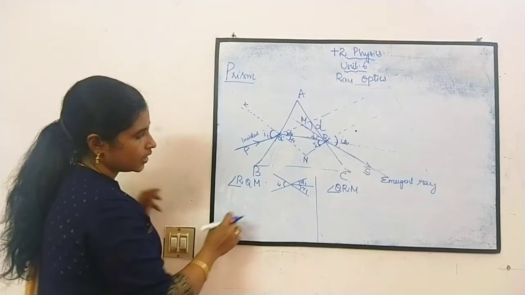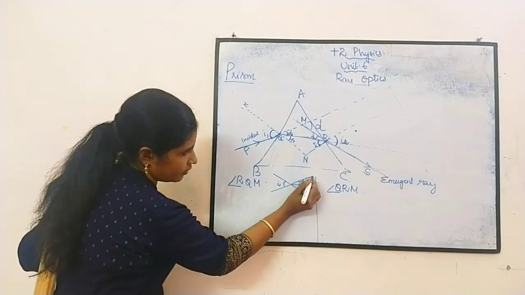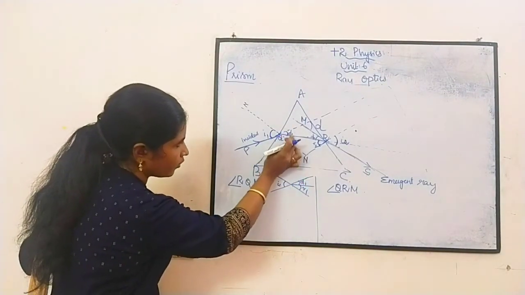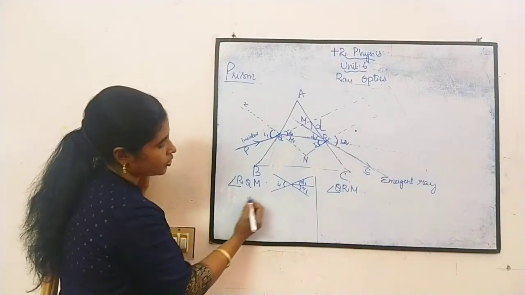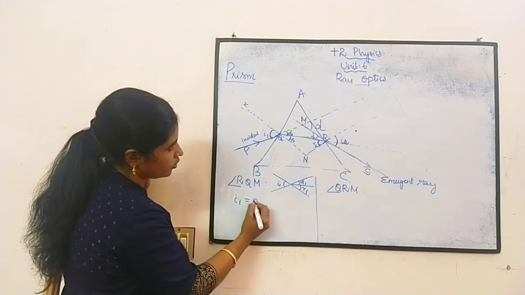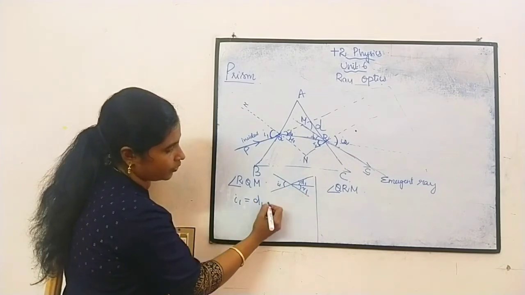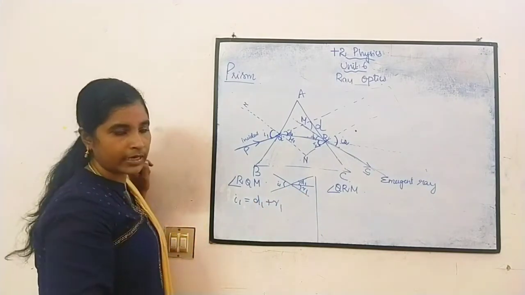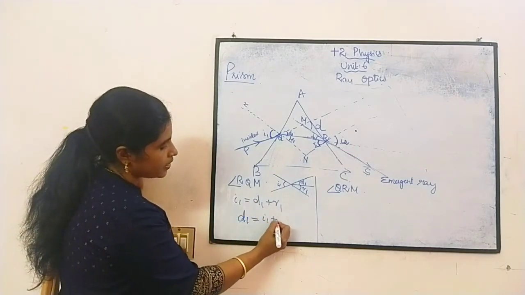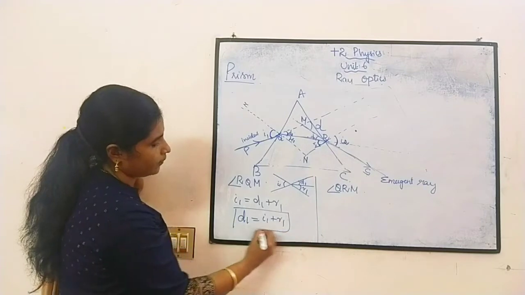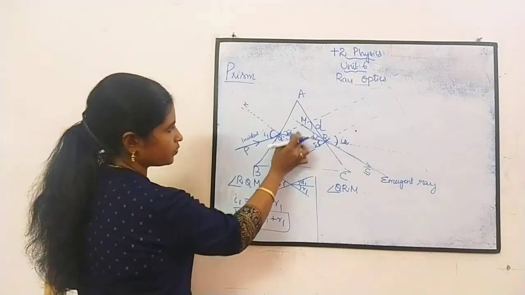We know that these two angles will be equal, alternate angles will be equal. So I can write I1 is equal to D1 plus R1. From this, can you write D1? What is D1? I1 minus R1. Understood?